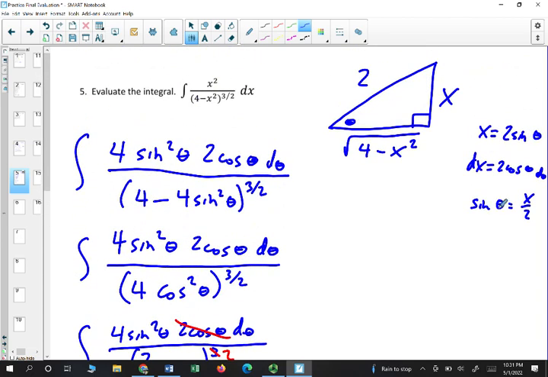So we have sine theta is equal to x over 2. So if we apply inverse sine to this, we will get theta. Inverse sine of x over 2 would be our theta.